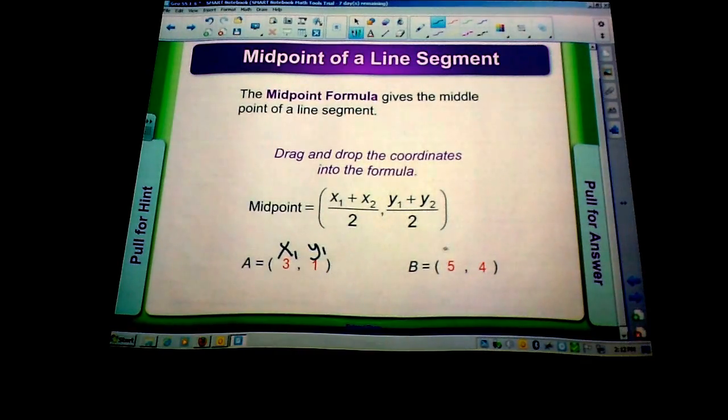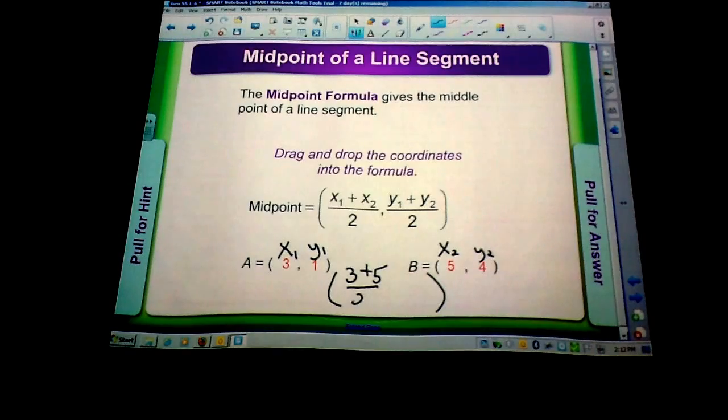If this is my second point, I'm going to call it x2 and y2. So my formula states, take my x1, which is 3, plus my x2, which is 5, and divide that by 2. That will give me the x-coordinate.